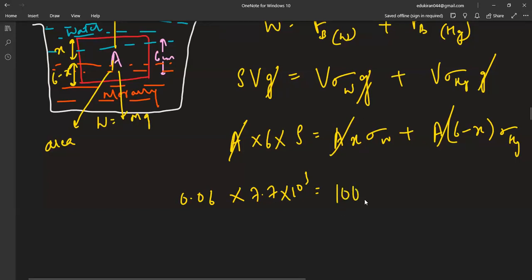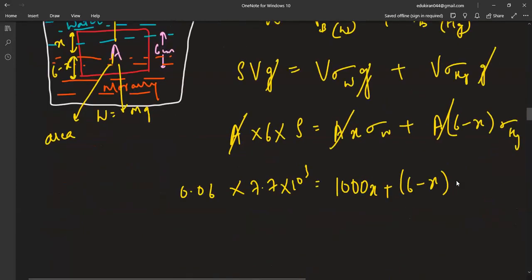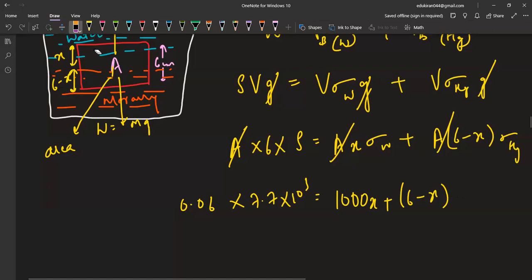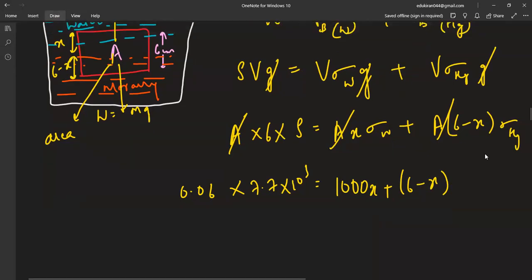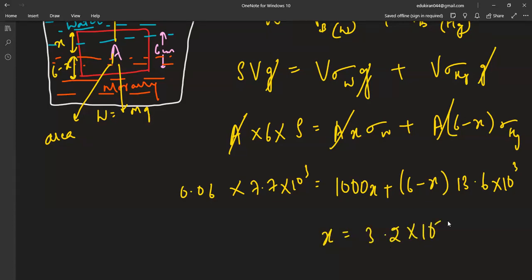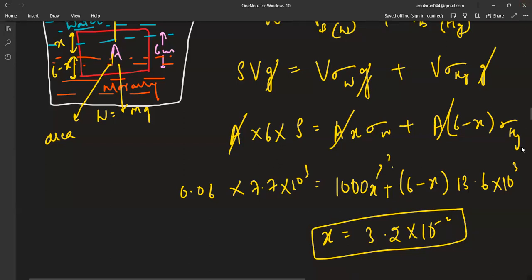Density of water is 1000, so 1000x plus 6 minus x into 13.6 into 10 to the power 3. Fine. So I remember this answer, just cross check it once. This is 3.2 into 10 to the power minus 2. This will come. But just cross check it once like this. From here, you have to find out the value of x, which was the question.